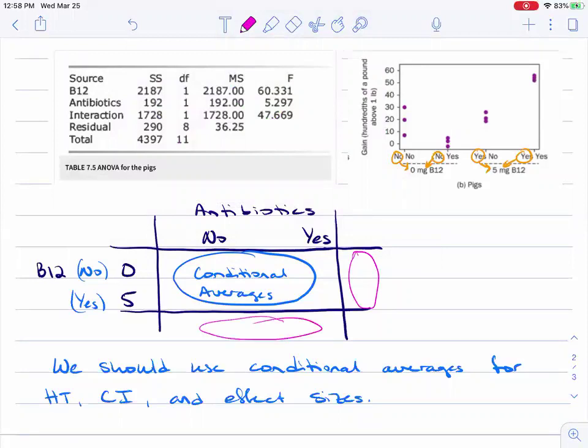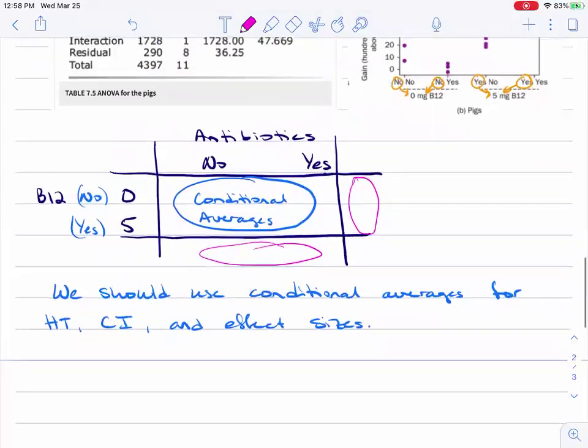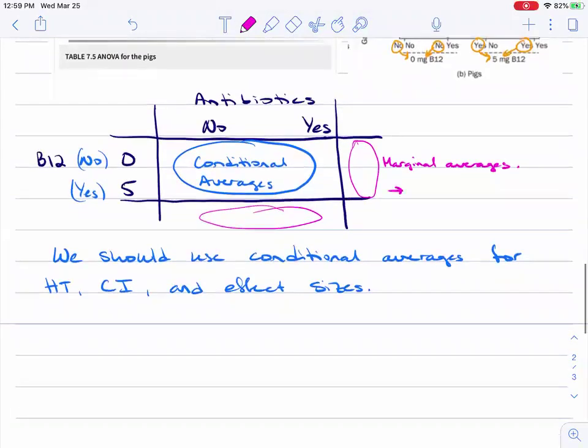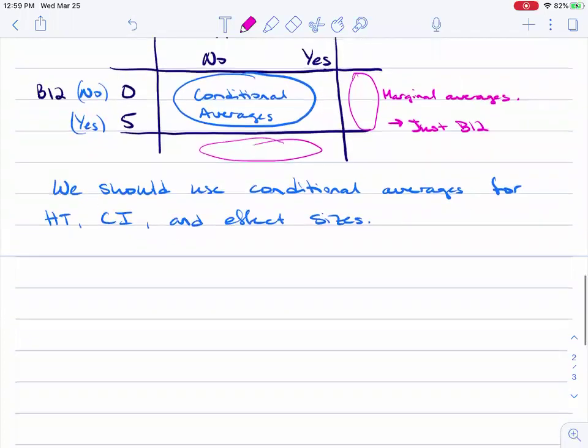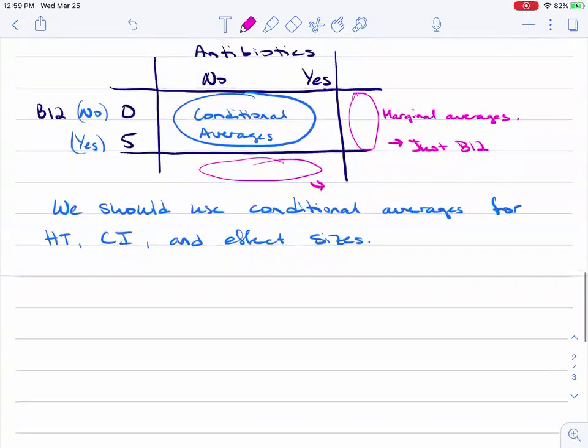I would be interested in those conditional averages. Because here, this is the marginal average, right? So here, this would be just B12, and this would be just antibiotics.